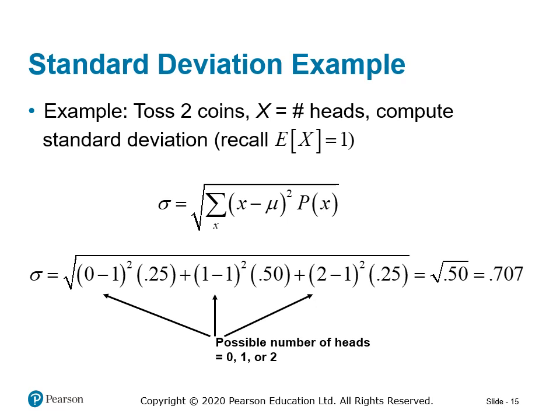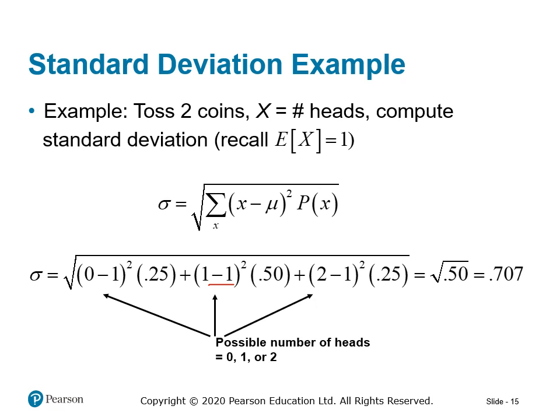And then for the second one, it's possible that we get 1 head, and the probability of that is 0.5. So 1 minus 1 squared. This 1 minus 1, as you probably already figured out, is 0. So this is just going to be 0 squared, which is 0, and 0 times 0.5 is still 0.